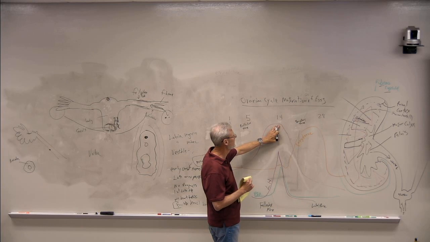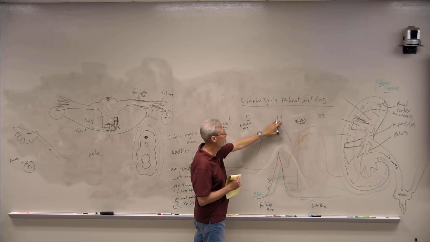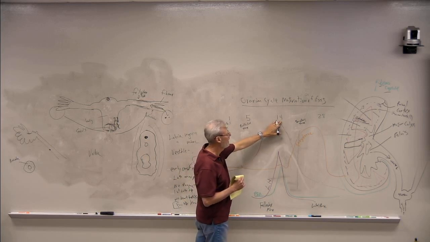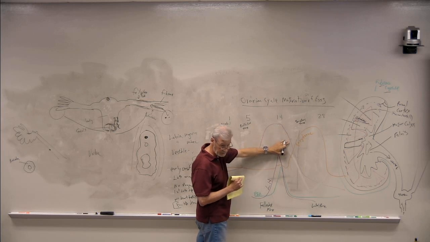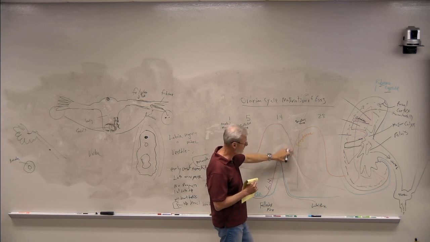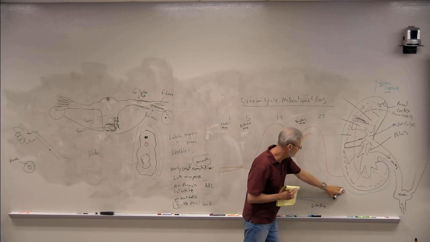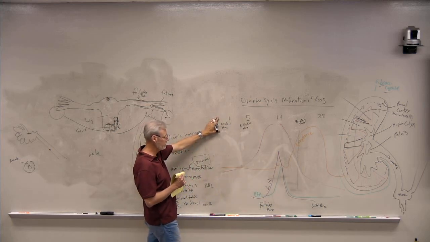Now, it gets higher and higher until about day 14, and then begins to drop if you do not become pregnant. It drops off, and when it gets low again, that's the start of the menstrual phase, okay?